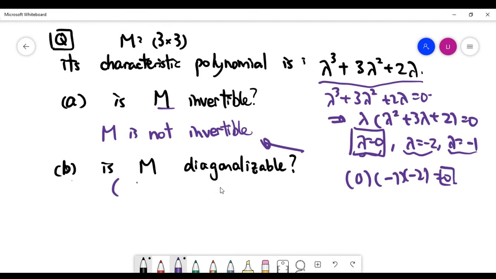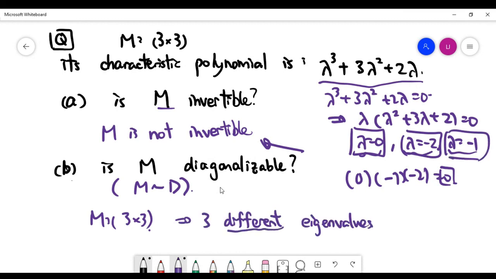Diagonalizable matrix M basically means M is similar to a certain matrix D. And once again, this property is in some sense very closely related to the eigenvalues and the eigenvectors of the matrix M. Because M now is 3 by 3, and M has three different eigenvalues, we automatically understand it must have three linearly independent eigenvectors. Basically, one eigenvector for each eigenvalue, and we understood already that eigenvectors associated to different eigenvalues must be independent of each other.